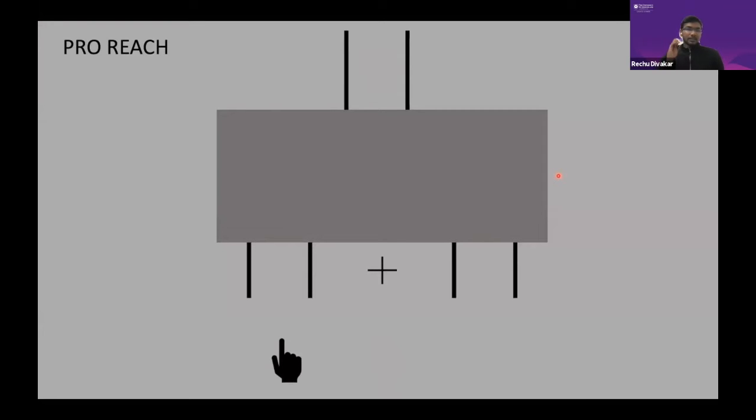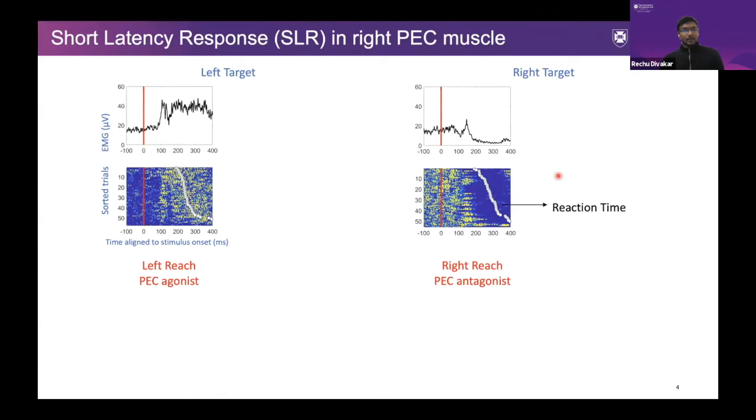And so in a task like this, if you look at the activity of the pectoralis major muscle during pro-reaches, the bottom row shows a raster plot in which the EMG amplitude is colorized, with yellow being high activity and blue being low activity.